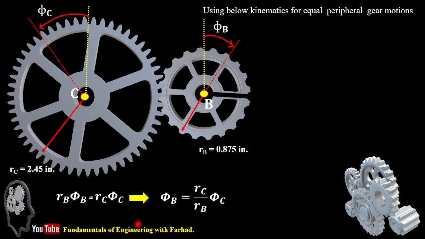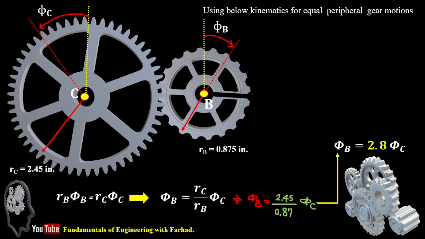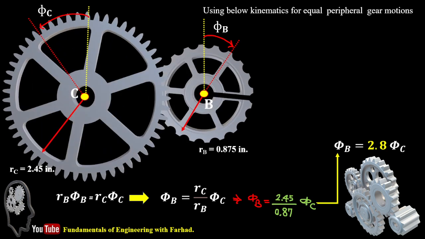So we can have the relation VB is equal to RC over RB times VC, and that gives us a relation between VB and VC. In the previous part we got the relation between the two torques, and now we get the relation VB is 2.8 VC, the relation between the two angles of twist. Let's move on to solve our problem.